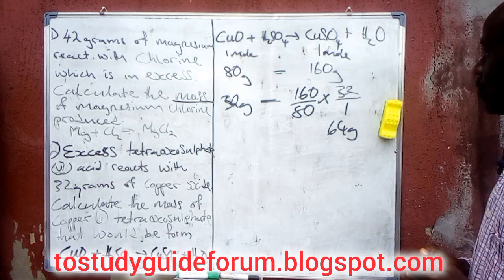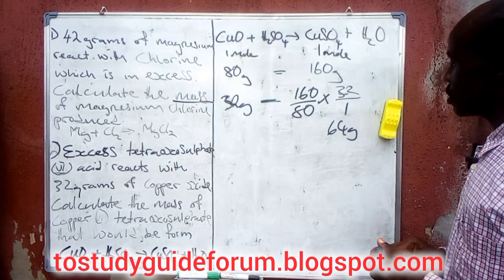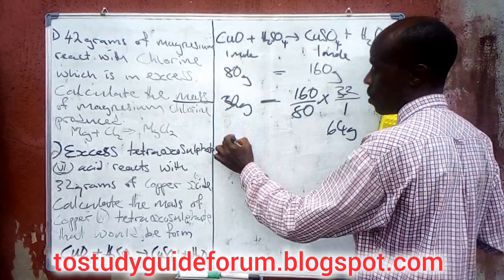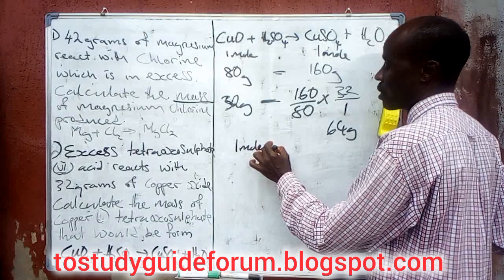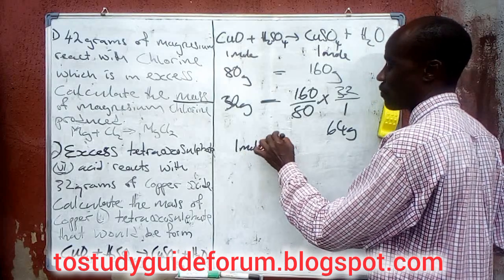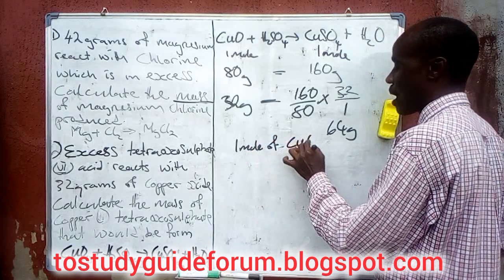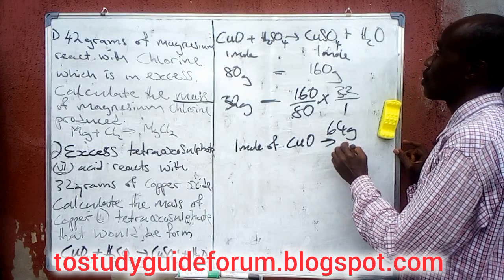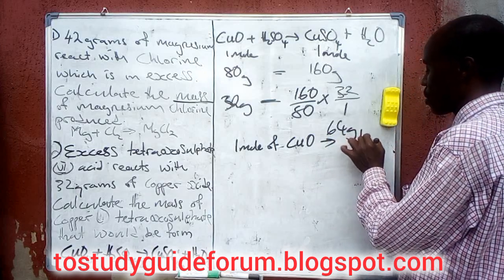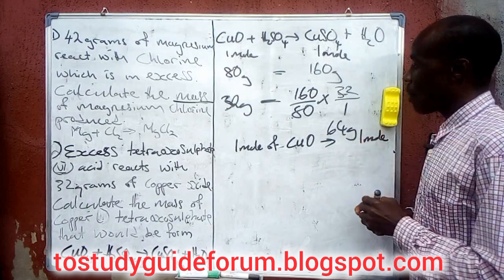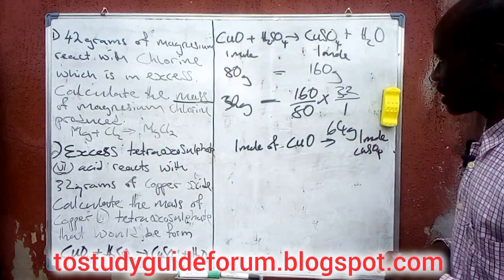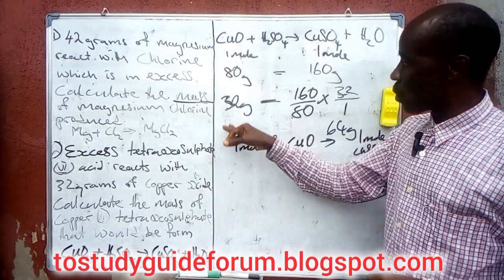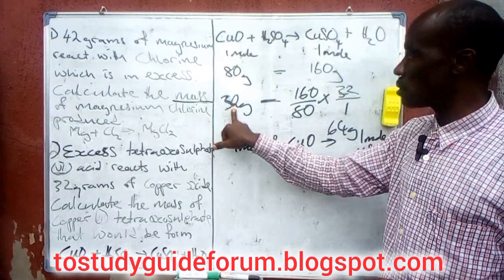To calculate it based on moles, we know that 1 mole of copper oxide will give us what? 1 mole of copper sulfate. So based on that, the first thing we do here is to convert this very one to moles.